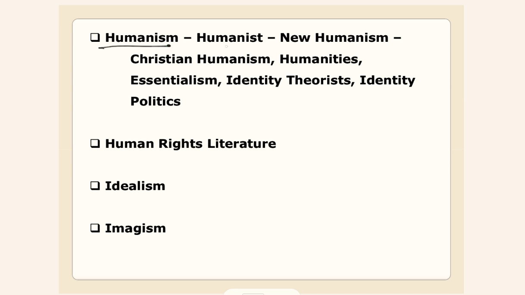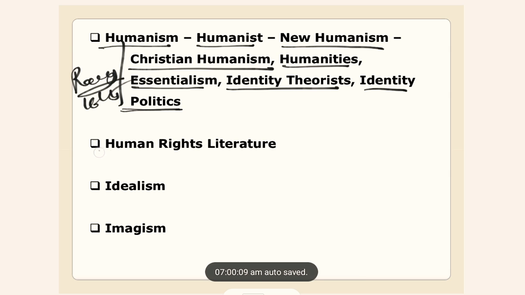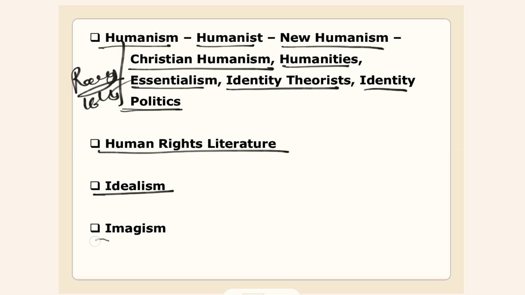Next, humanism. Here, humanist, new humanism, Christian humanism, humanities, essentialism, identity theorist, identity politics. These are all associated with the background, Renaissance or 16th century in England. Next, human rights literature, idealism, imagism. So, imagism is a very modern literary movement, especially in poetry.